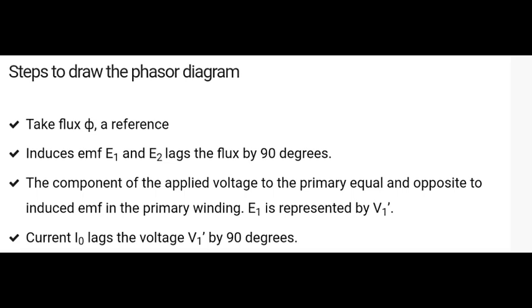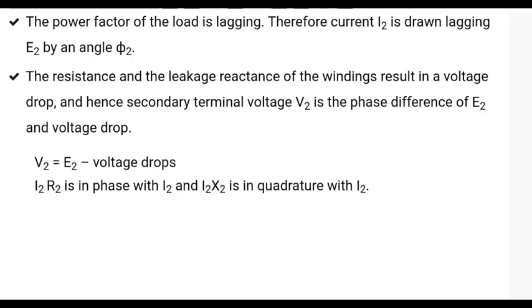The component of the applied voltage to the primary, equal and opposite to the induced EMF in the primary winding E1, is represented by V1'. Current I0 lags the voltage V1' by 90 degrees. The power factor of the load is lagging, therefore current I2 is drawn lagging E2 by an angle Phi2.